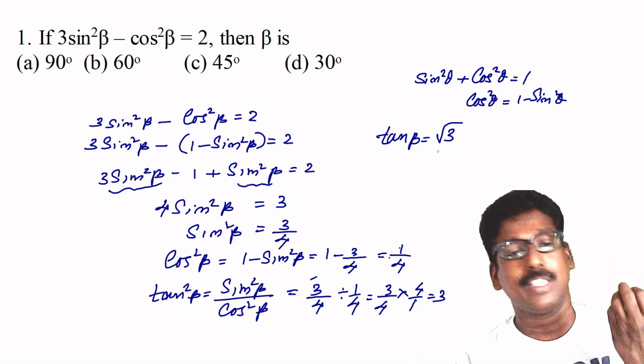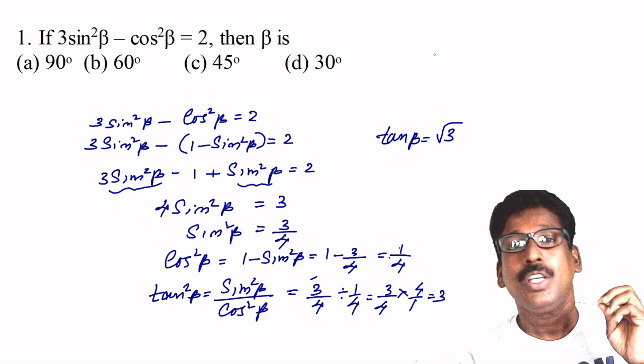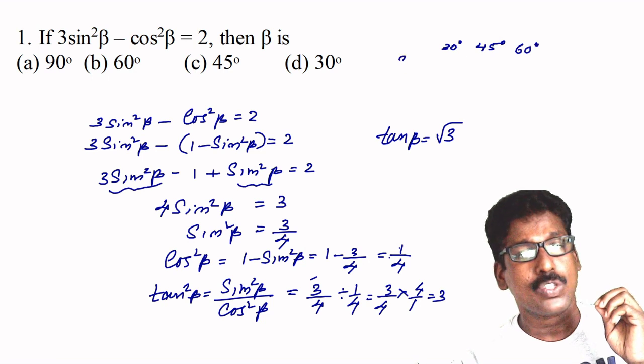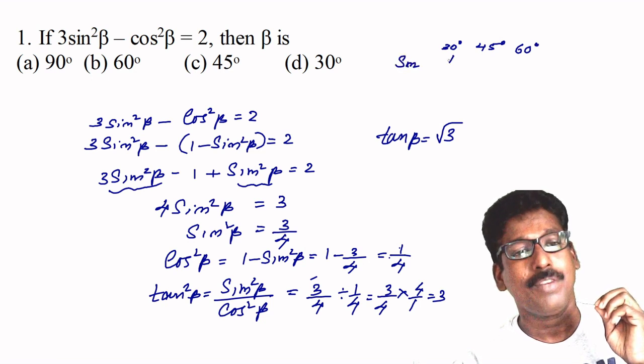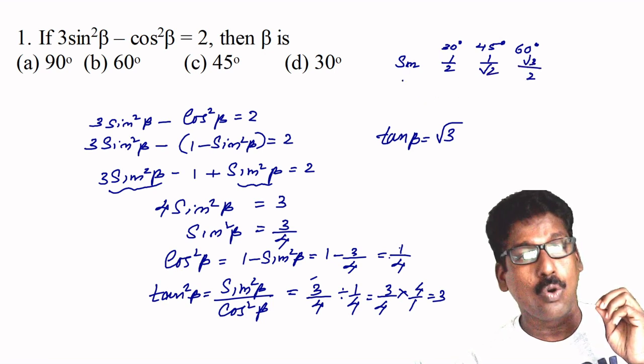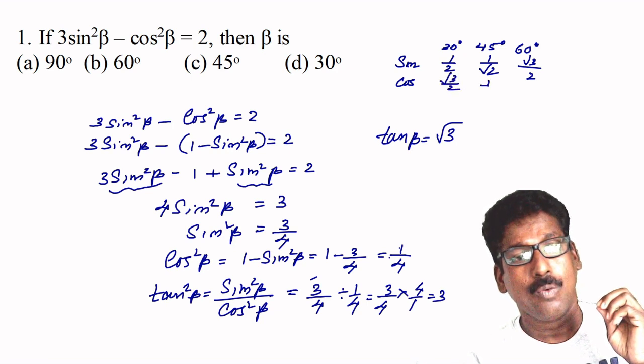When you get tan beta as root 3, you know the values for 30 degree, 45 degree and 60 degree. So sin starts from 1 by 2, 1 by root 2, root 3 by 2. So cos starts, just reverse it: root 3 by 2, 1 by root 2, 1 by 2.